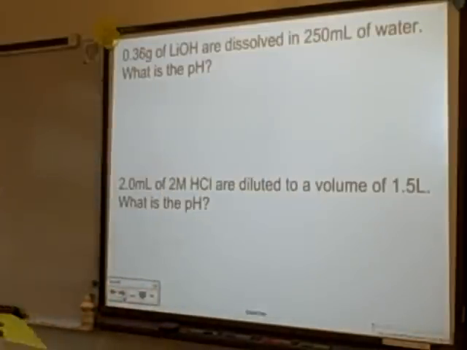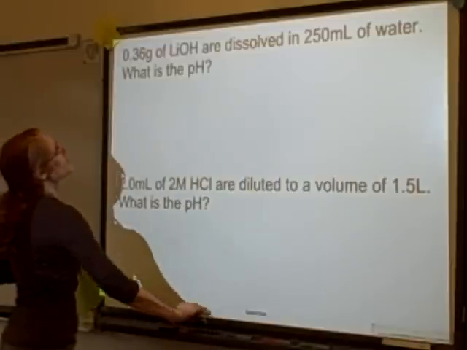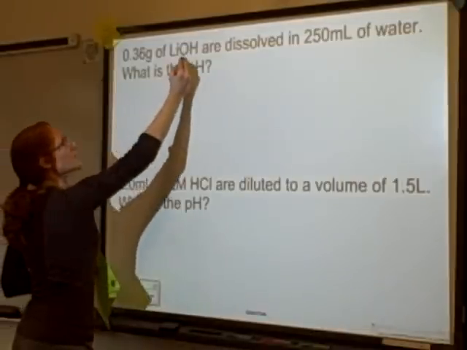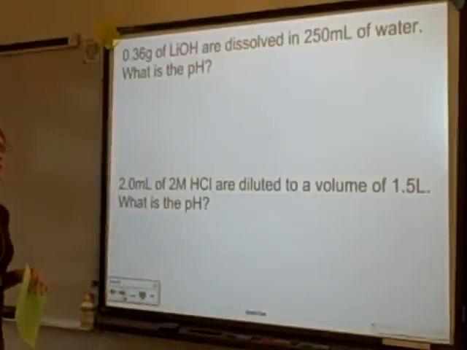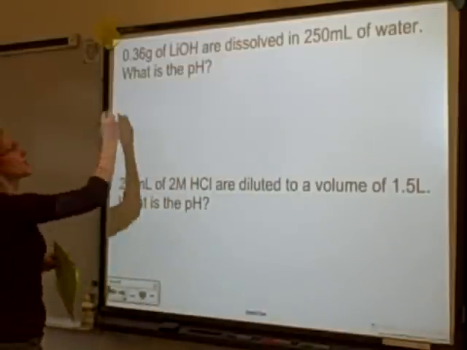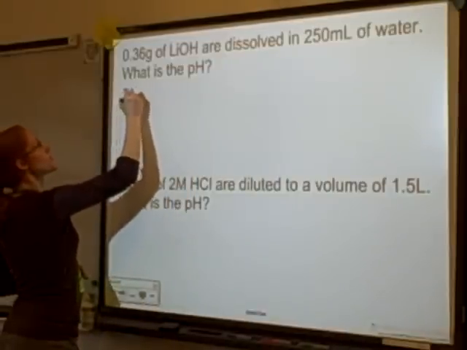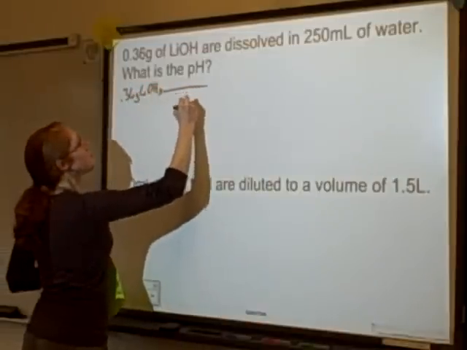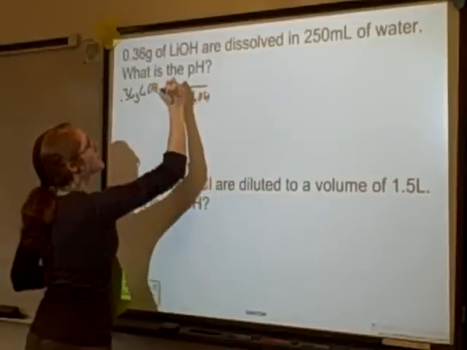So last 2 problems. I have 0.36 grams of lithium hydroxide dissolved in 250 milliliters of water. I'm looking for the pH. So since I'm given this, I'm going to find the pOH first, which means I need the concentration of hydroxide. So 0.36 grams of lithium hydroxide. I'm going to turn the grams into moles.